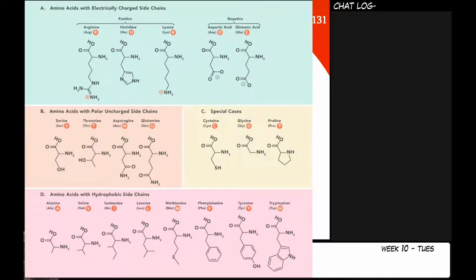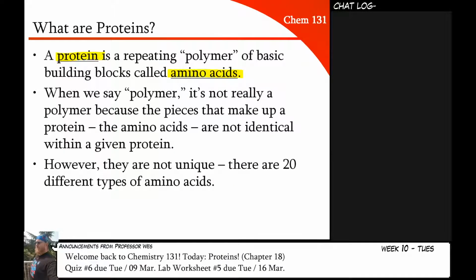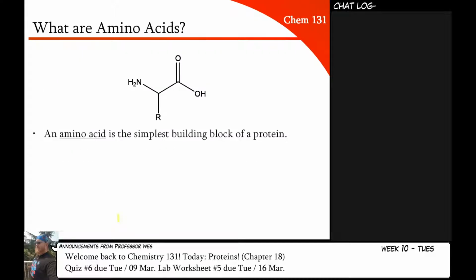Now, on the previous slide, let me get rid of that. I guess it would be the next slide here. Here's what our default amino acid template looks like. And so this R group right here is going to be whichever group that we want. So this determines which amino acid.